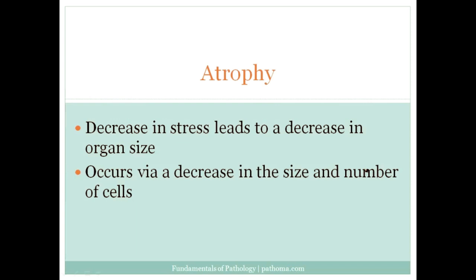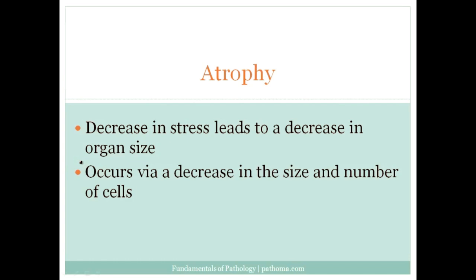Now, the idea with atrophy is that there is a decrease in stress on the organ. So if there's less stress on an organ, the organ will actually decrease in size. And that decrease in size is called atrophy. Now again, really no rocket science. If an organ is going to decrease in size, there's really only two ways for that to occur.